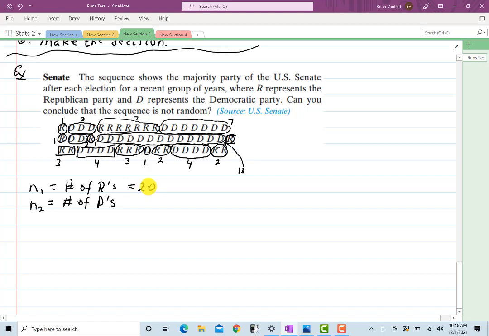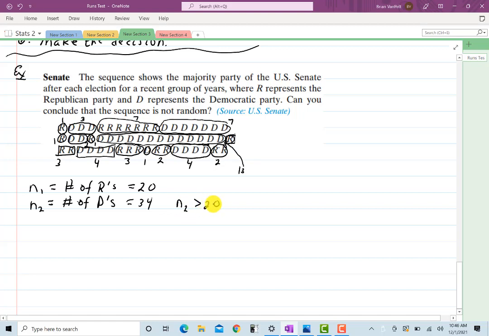And then the number of Democrats, we have 3 plus 7, there's 10, plus 2 more is 12, plus 13 more is 25, plus 4 more is 29, then 30, 34. So we have the case where n sub 2 is greater than 20.